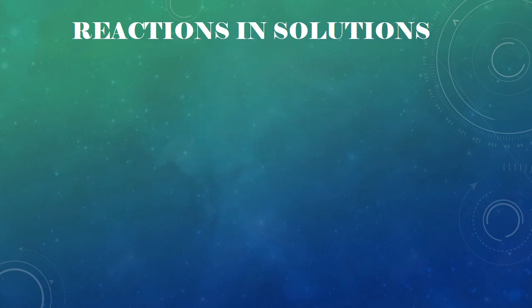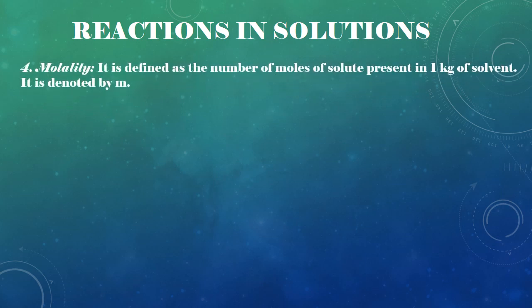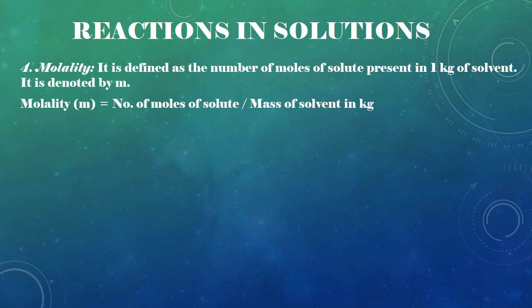The fourth way of expressing the concentration is molality. Molality is represented by small m. So you need to be very careful when you're writing molality and molarity. If your small m and capital M do not have any difference, then you better write the entire word molar and molal.